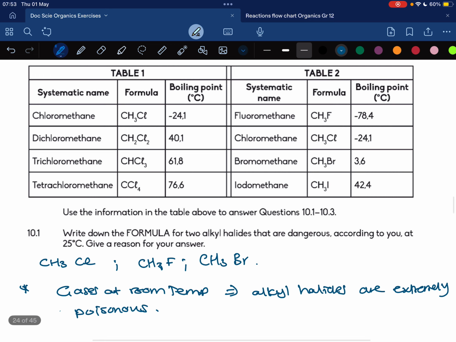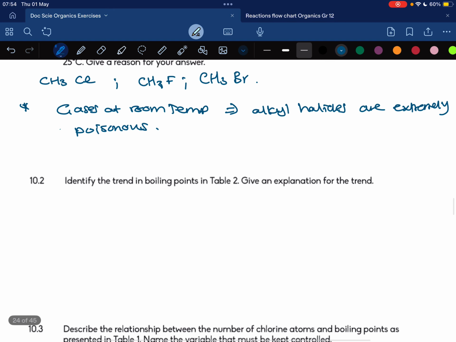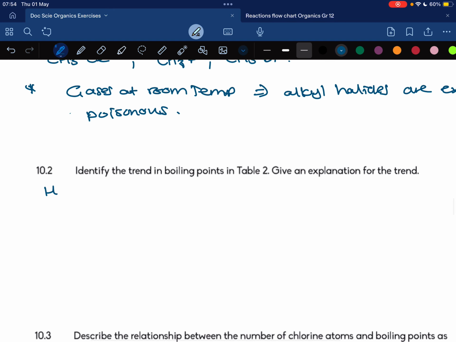So I can see that the halogen that has the higher number of electrons has the higher boiling point. So I'm going to say the halogen with the higher number of electrons has the higher boiling point, and you can also say the one that has the lowest number of electrons has the lowest boiling point.